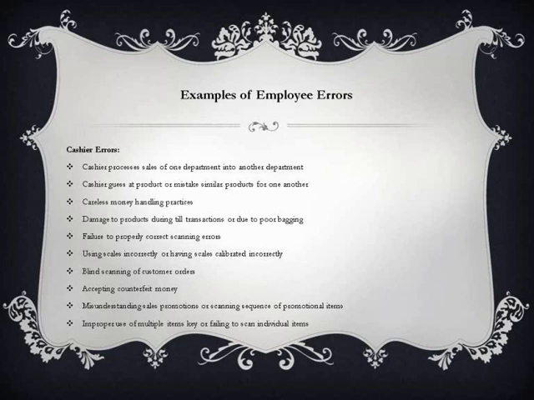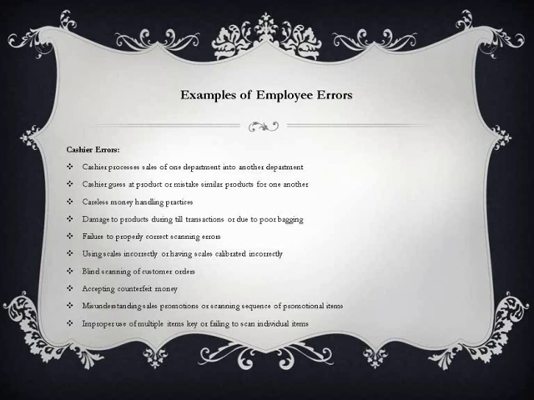Cashier errors. Cashier processes sales of one department into another department. Cashier guesses at product or mistakes similar products for one another. Careless money handling practices. Damage to products during till transactions or due to poor bagging. Failure to properly correct scanning errors.